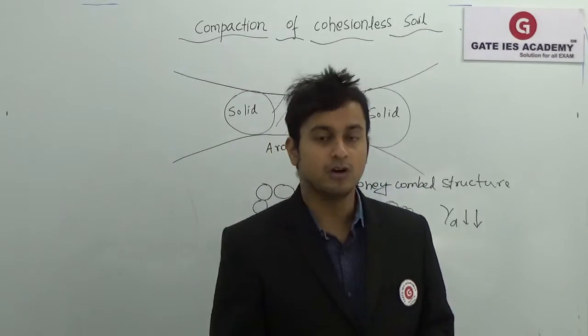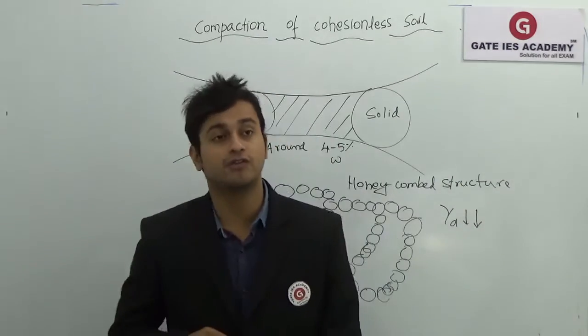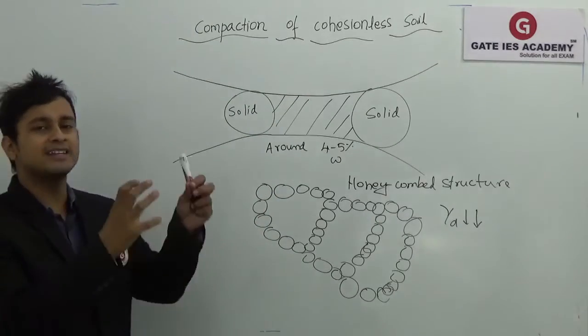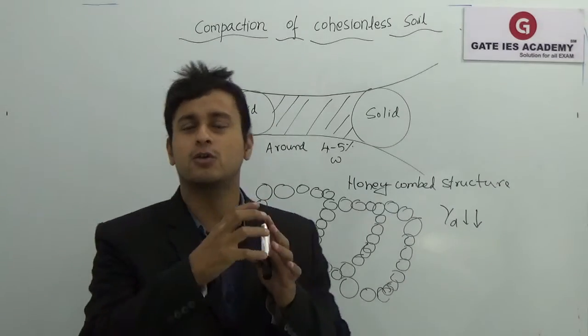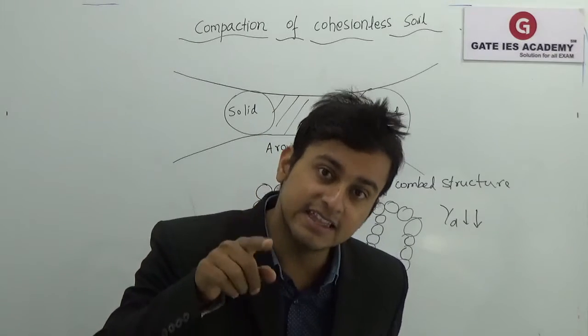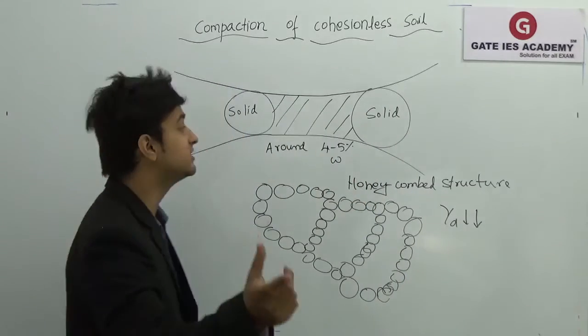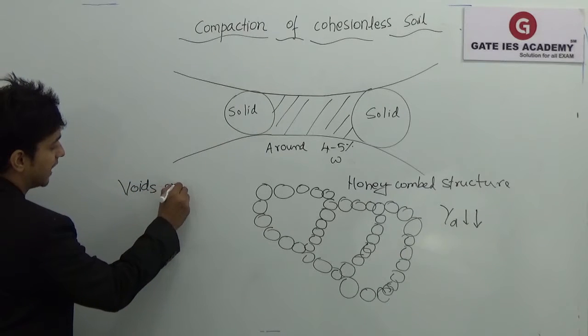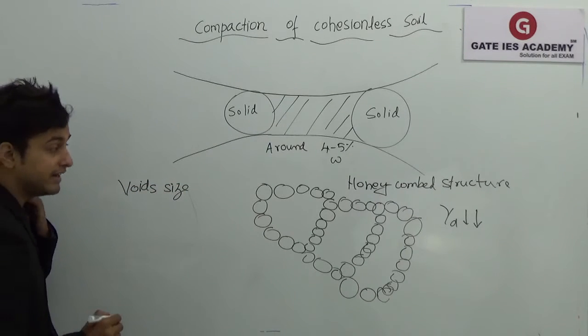Okay, so this is how the compaction of coarse grained soil is taking place. Now the void ratio of the coarse grained soil is less, but yes, they have voids, and the void size is more. Therefore it has more permeability as well.